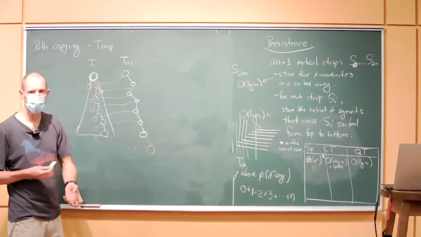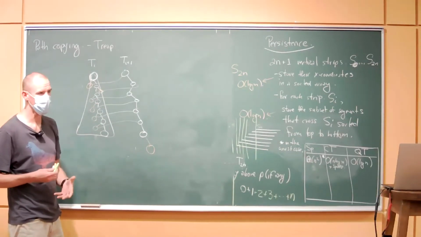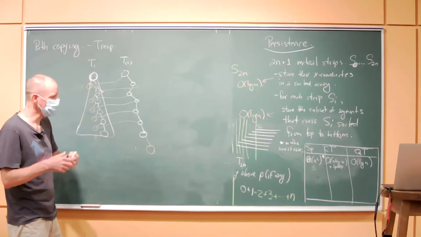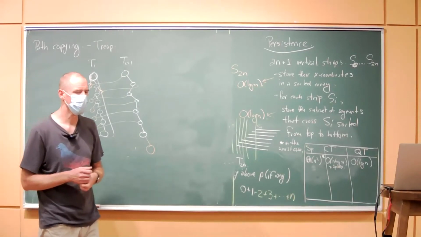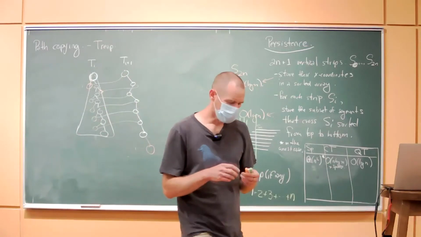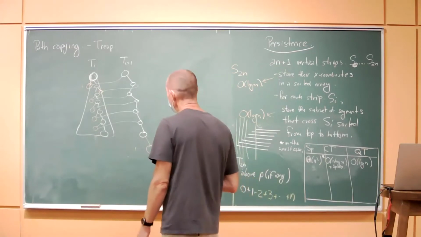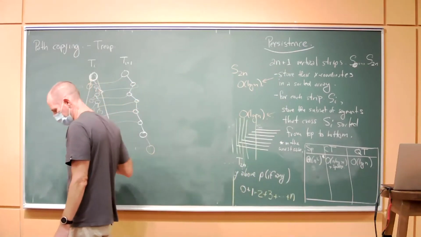Well, that's the child that needs to be copied before you change it. So something is going to happen to that child, but that's the only thing. And then you repeat that all the way down. Okay. All right. So that's path copying. That's how you implement it for a treap.